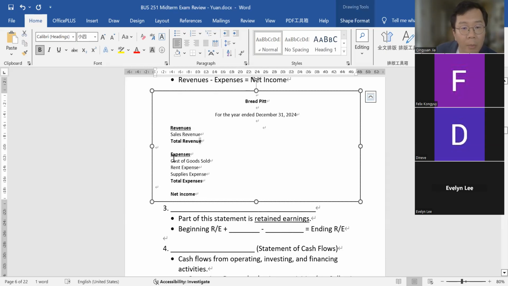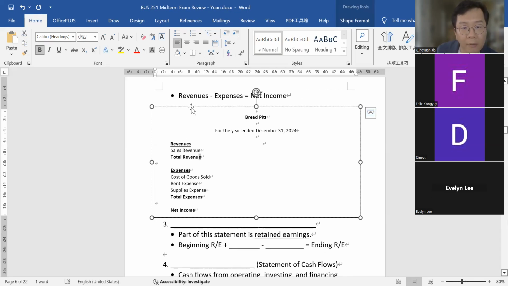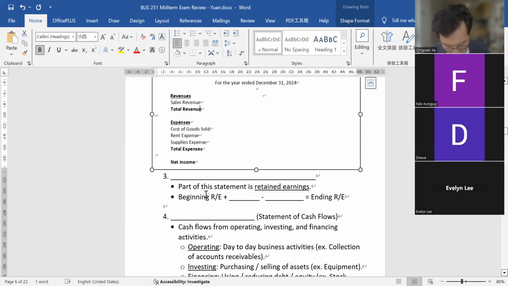And then you put all the expenses like cost of goods sold, rent expense, wages expense, supply expenses, you put all the expenses here and you sum it up, you get the total expenses. And then you do the math, you use the revenue to subtract expenses, and then you will get the net income, right? This is quite straightforward.